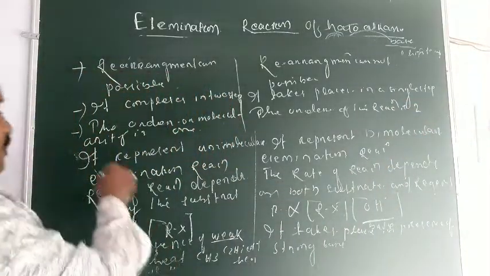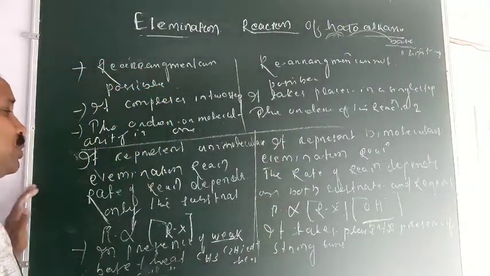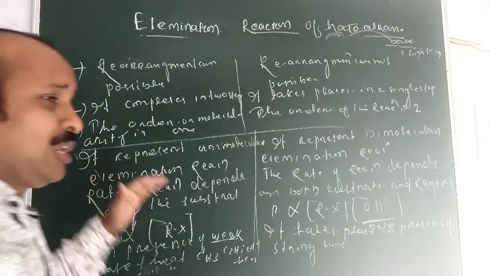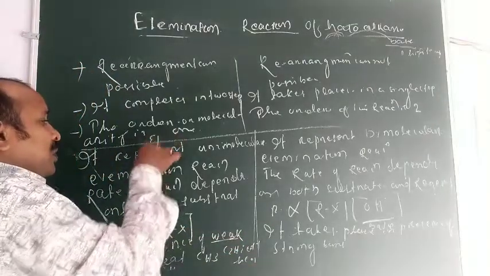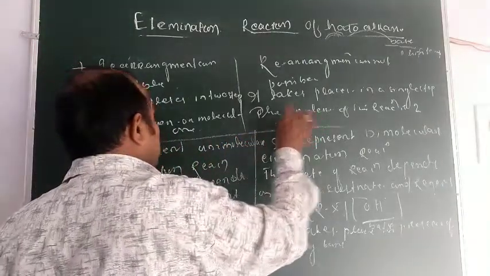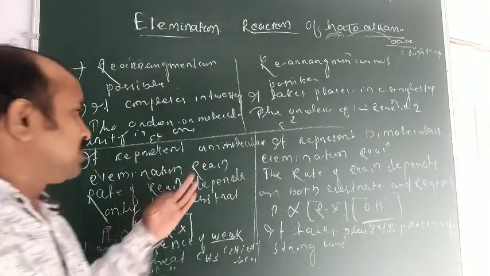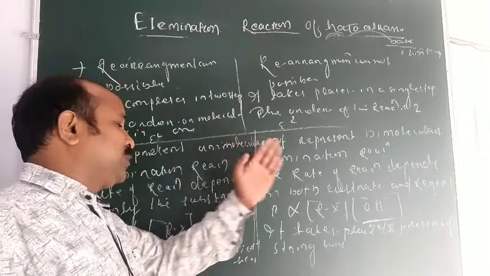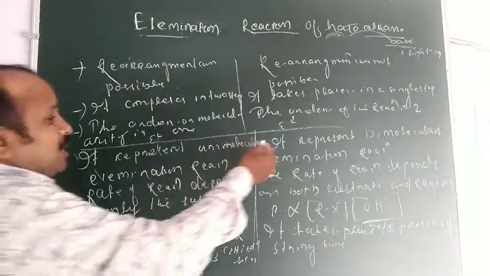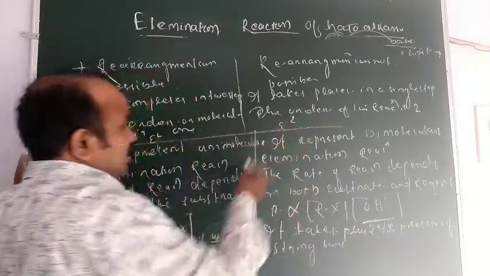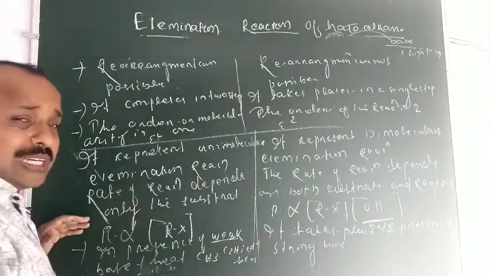That is the basic difference between E1 and E2. E1 means unimolecular elimination reaction. E2 means bimolecular elimination reaction. E1 completes in two steps, first converting to a cation.